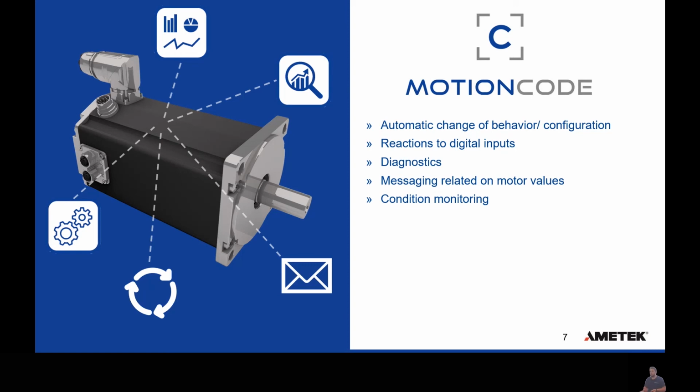You directly can do it on the motor, and so every motor where you download this motion code has the same behavior, and you can work with this data in different systems. For example, in an edge system, in a PLC, or in an MES system, in a maintenance system, you can use this data and you don't have to do all the logic in a PLC. So that's one part where motion code could be a helpful tool, where it can be useful for you.